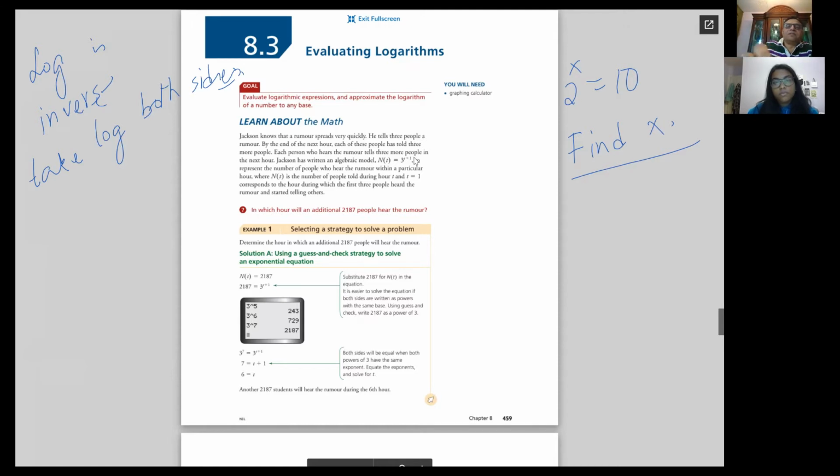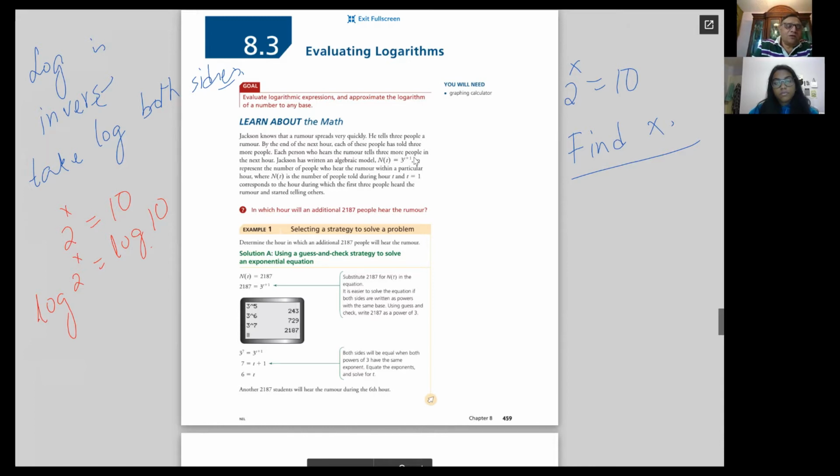So the equation is 2 to the power of x equals 10. We can take log on both sides. We get log of 2 to the power of x equals log of 10. Now, it is an important property also: when the base and the argument are the same, the value is 1.